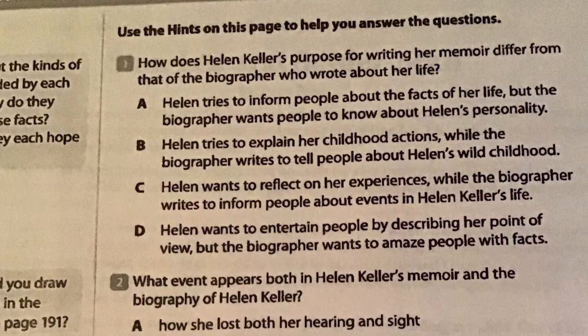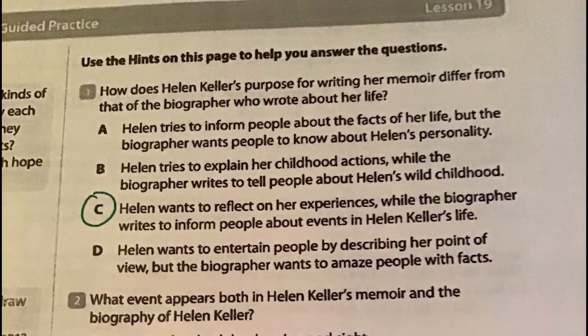For question number 1, our answer is going to be C. The memoir includes more personal feelings and reflections on Helen's life. The biography includes more facts and is intended to inform the audience. Choice A is incorrect because Helen doesn't want simply to inform people about her life.